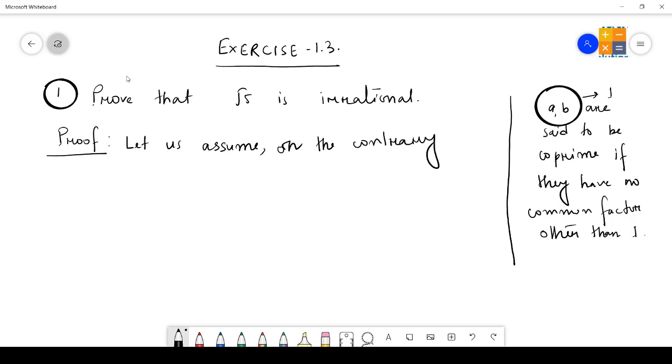So here I am writing, let us assume on the contrary that root 5 is a rational number.